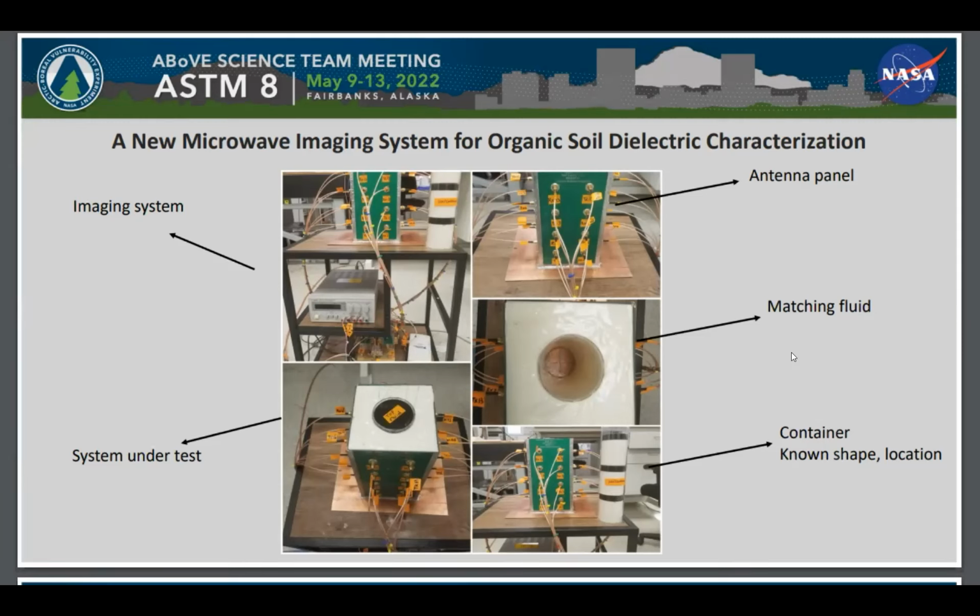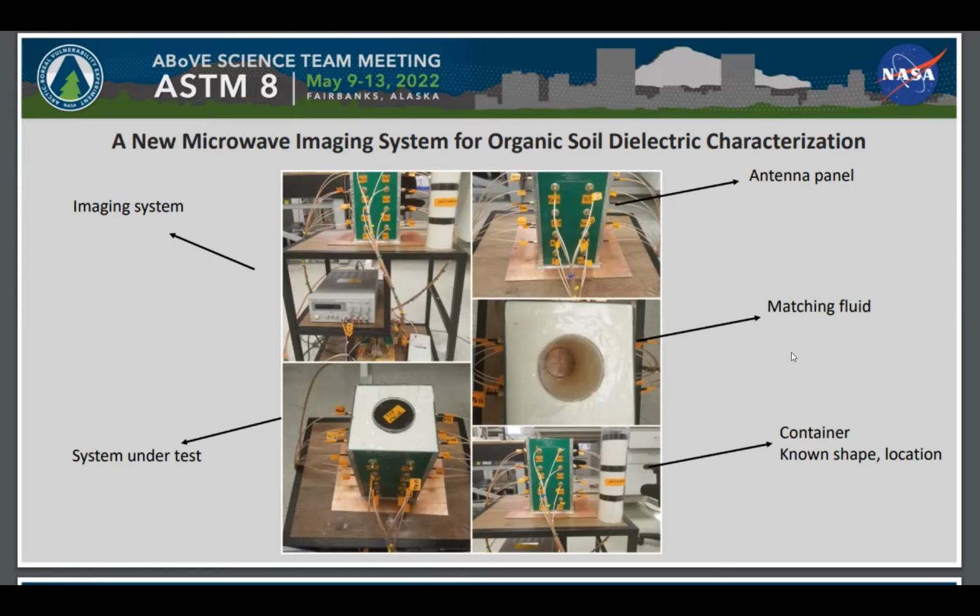This is a non-destructive way to reconstruct the dielectric of any soil sample. What we see here consists of 32 antennas that work as receiver and transmitter, and an imaging cavity that is filled with a matching fluid to improve the matching.